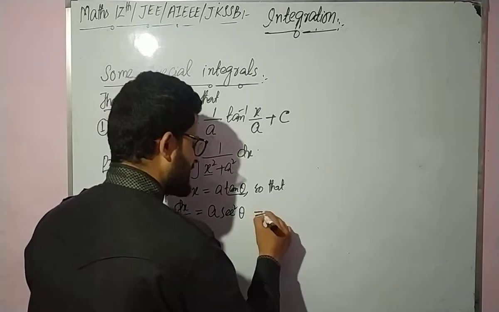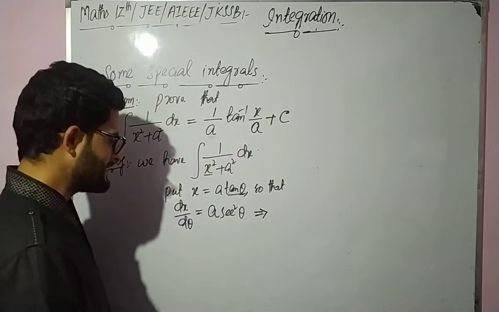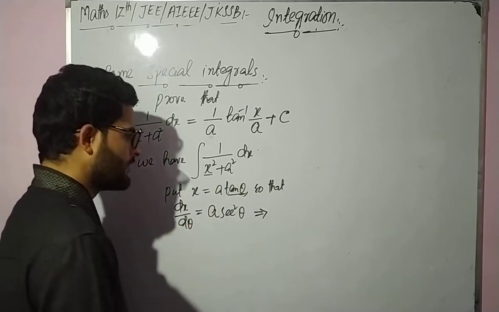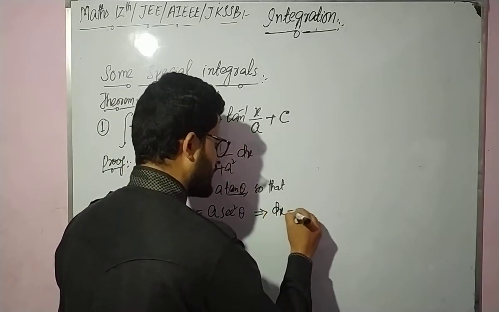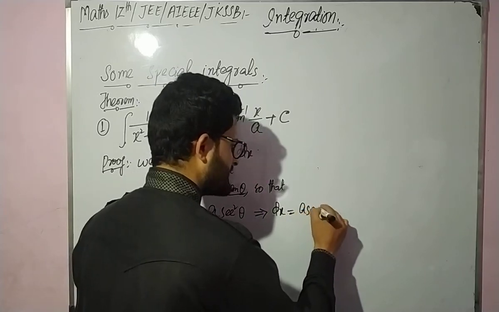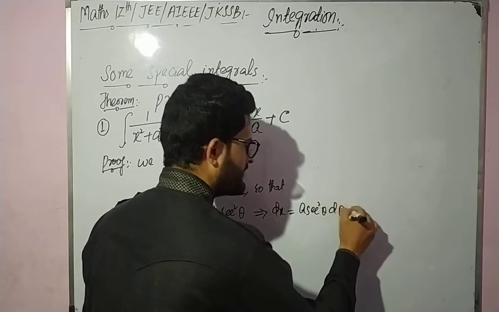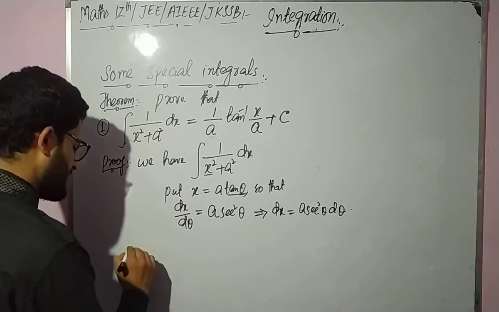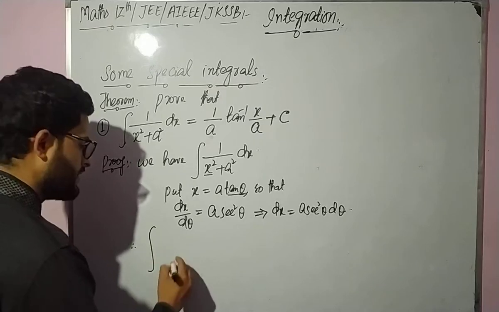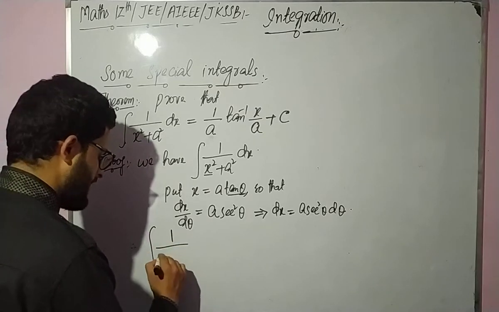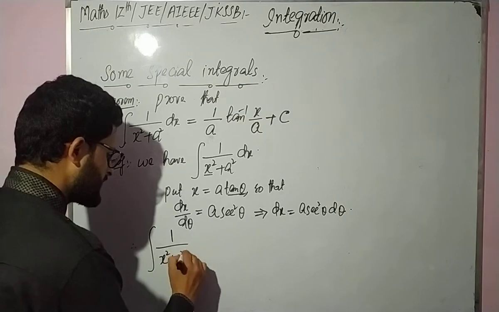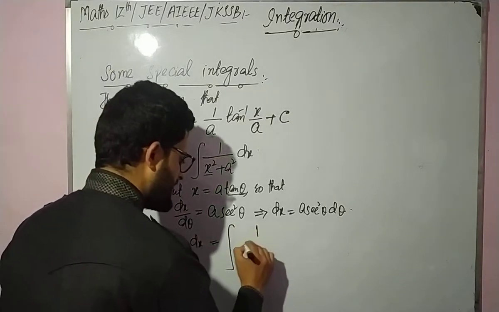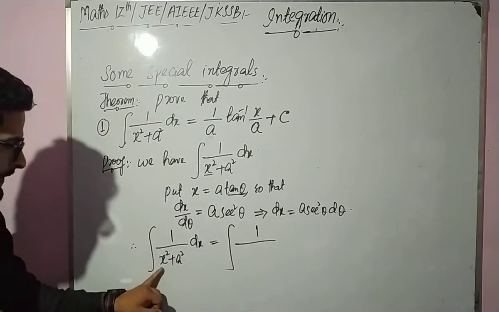So this can be further written as, separating the variables, dx must be equal to a sec square theta d theta. Is that clear? So therefore our original integral, the integration of 1 divided by x square plus a square into dx, can be written as the integration of 1 divided by x square.